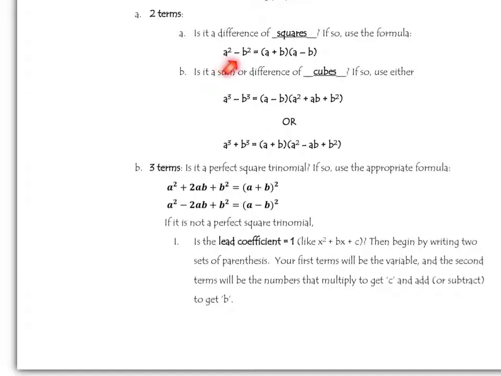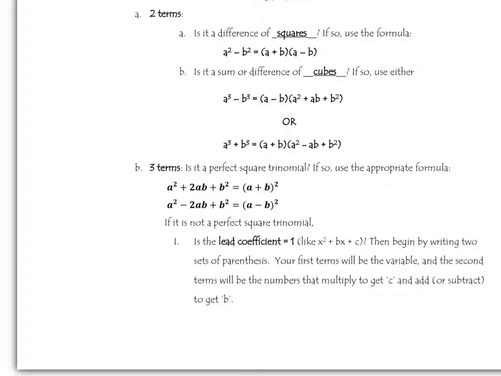However, in the difference of squares, notice there is no formula for sum of squares. That's because a sum of squares, a squared plus b squared, is prime. It cannot be factored. There are questions on the exam and homework that test you on that.